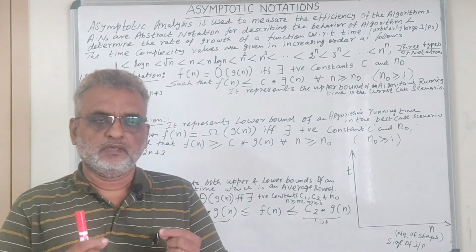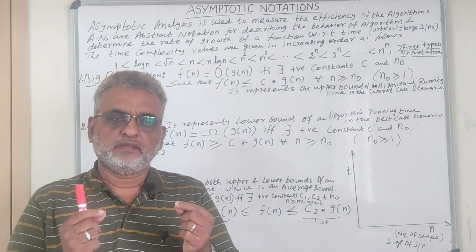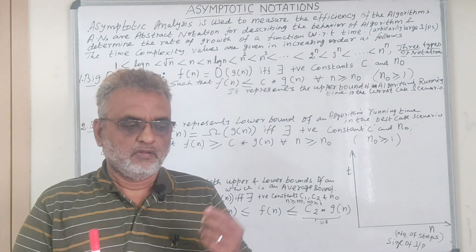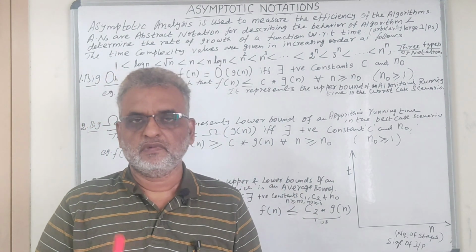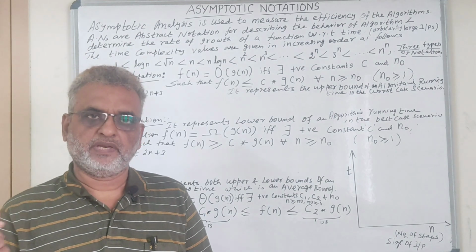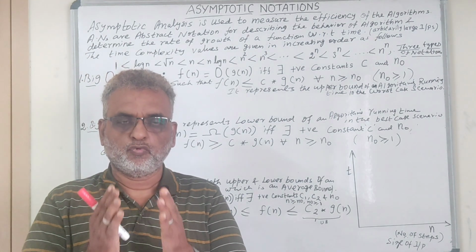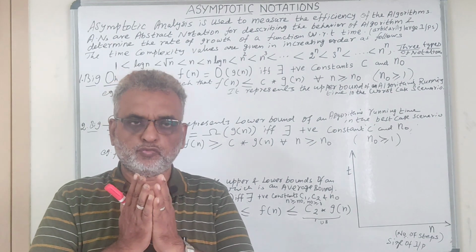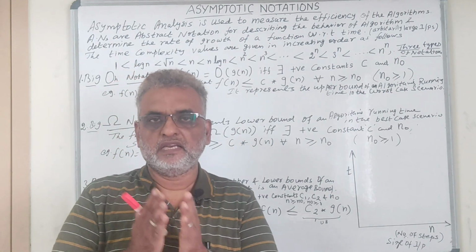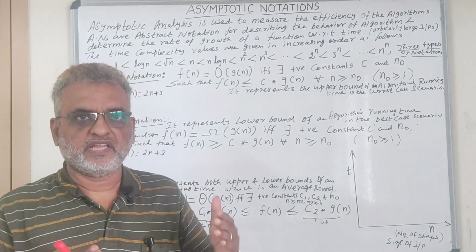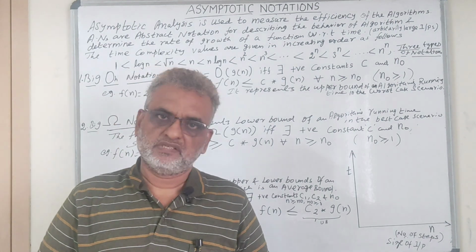What is required to get an efficient algorithm? We need less time and less memory. We can say the algorithm is efficient only if it consumes less time and less memory.